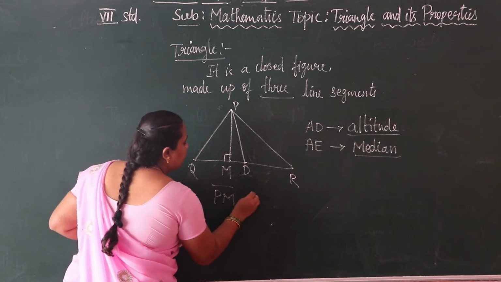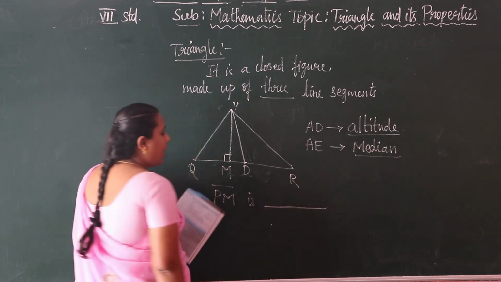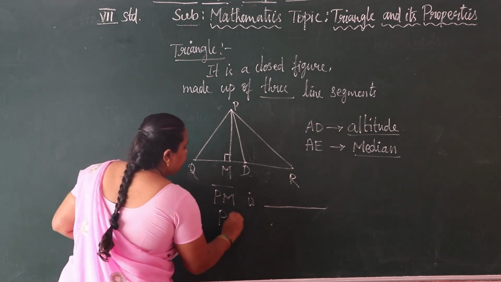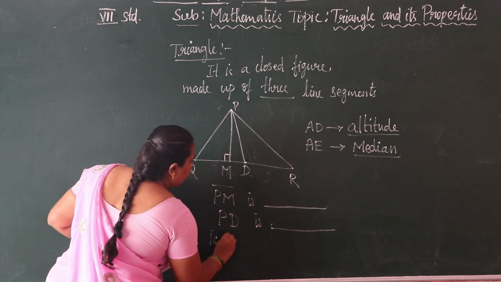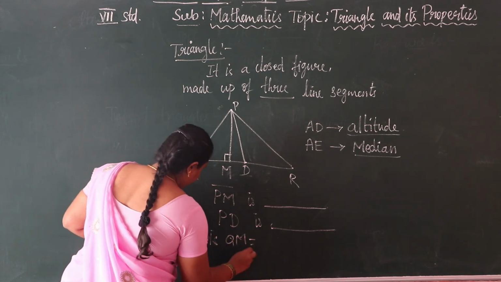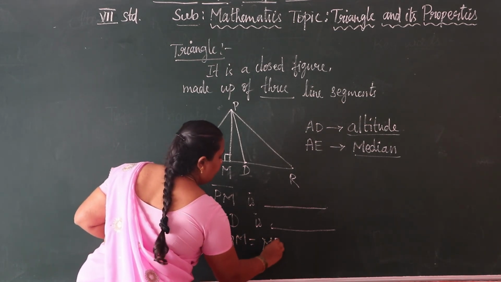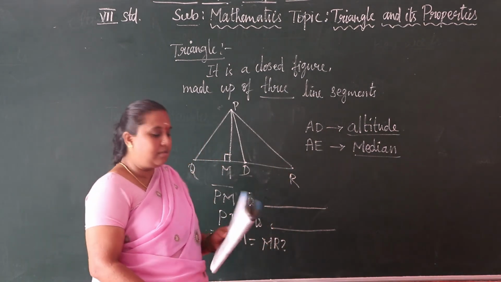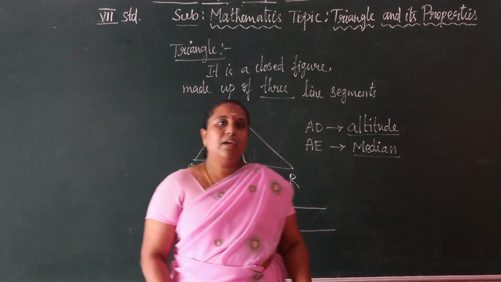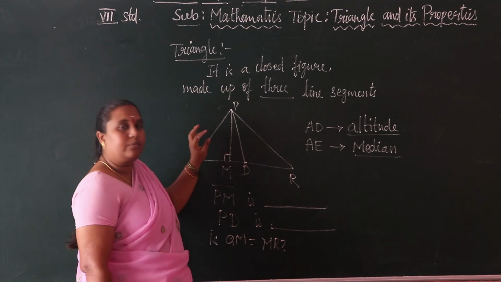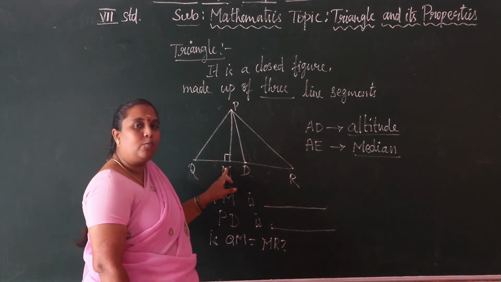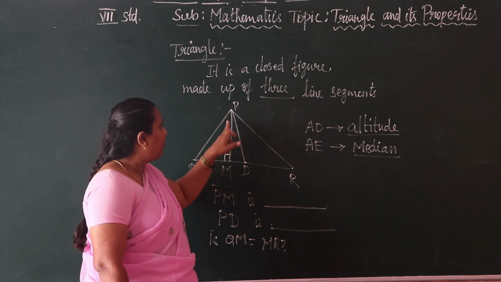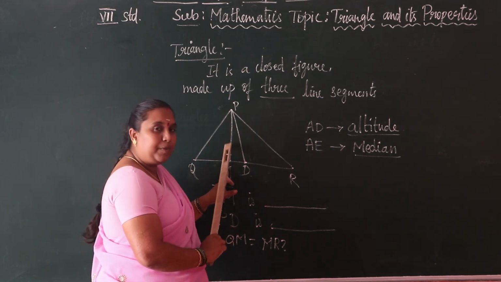They are asking: PM is dash and PD is dash. Is QM equal to MR? PQR is a triangle, so what is PM?